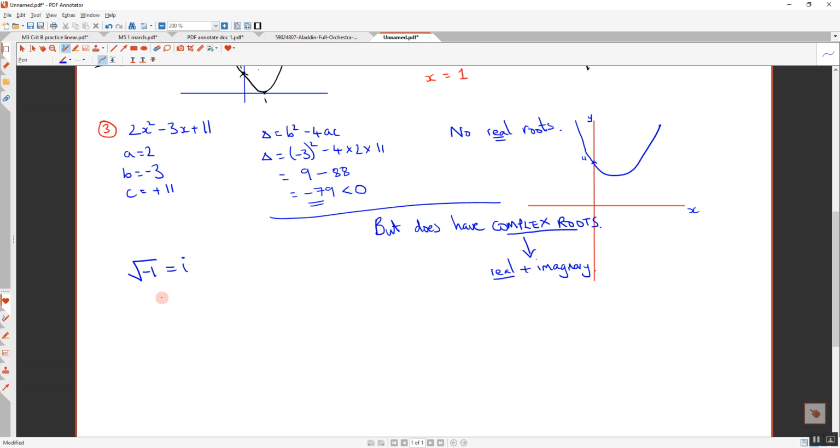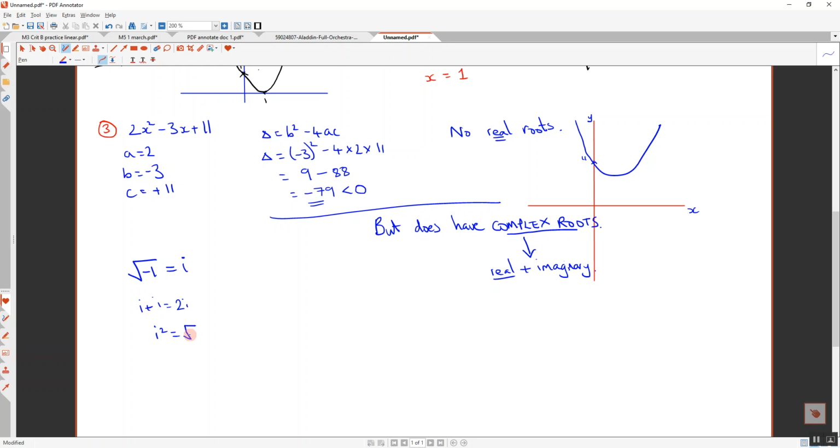We say that the square root of -1 is equal to i, which stands for imaginary. We can treat imaginary numbers like normal numbers: if I've got i plus i, that is equal to 2i. It just so happens that i is equal to the square root of -1. So answer for me, what is i squared equal to?